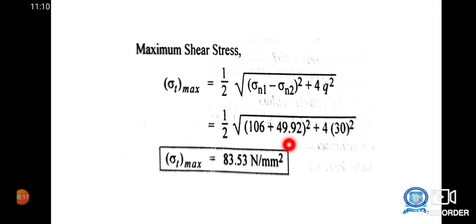Simplifying these values, we got the maximum shear stress equal to 83.53 Newton per millimeter square. That is the answer.